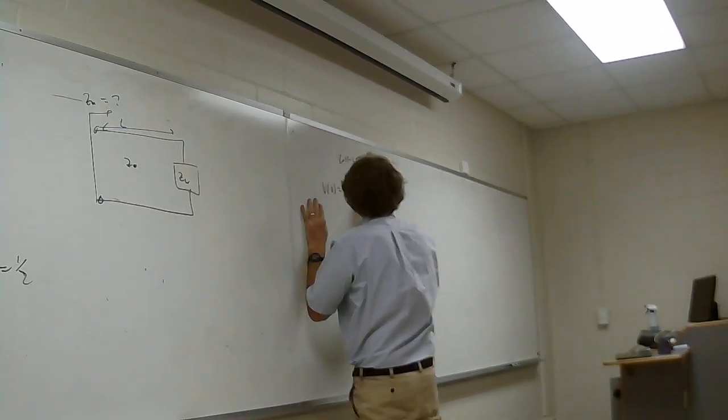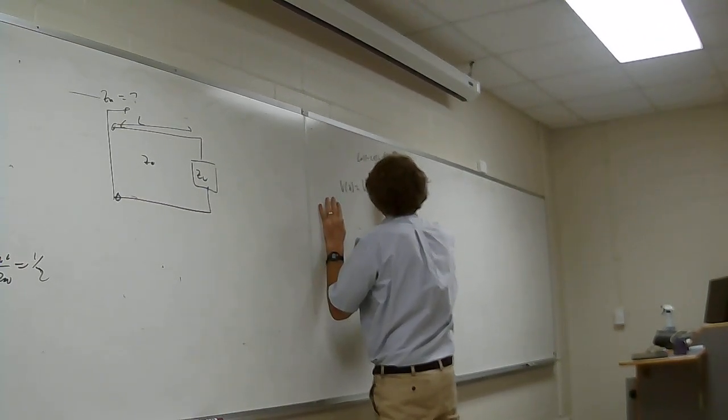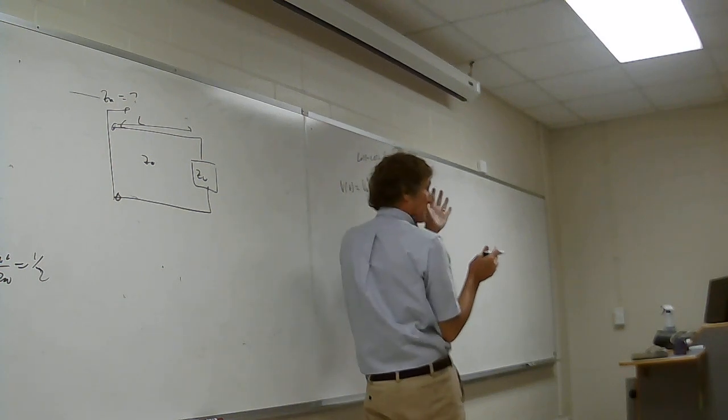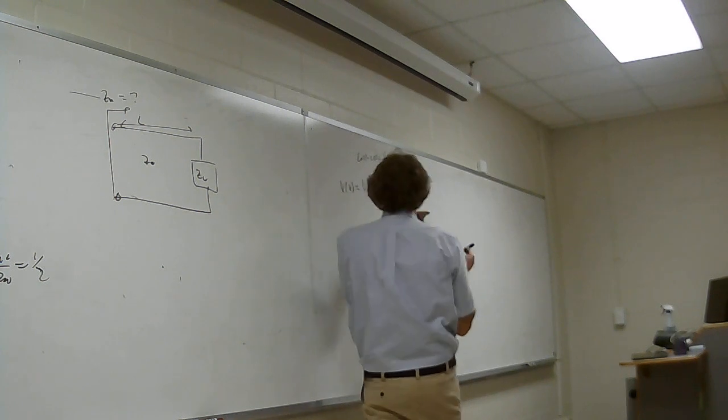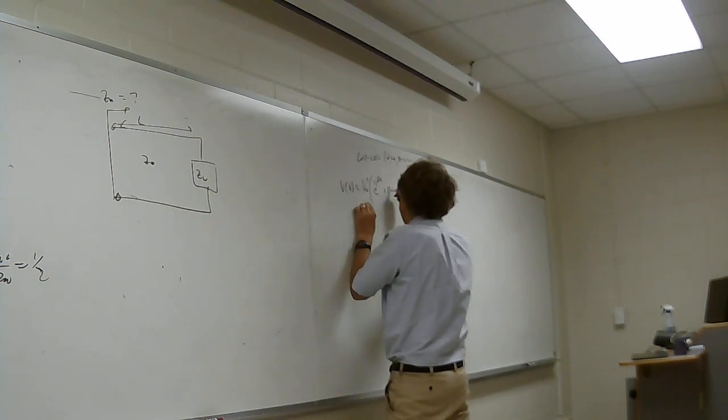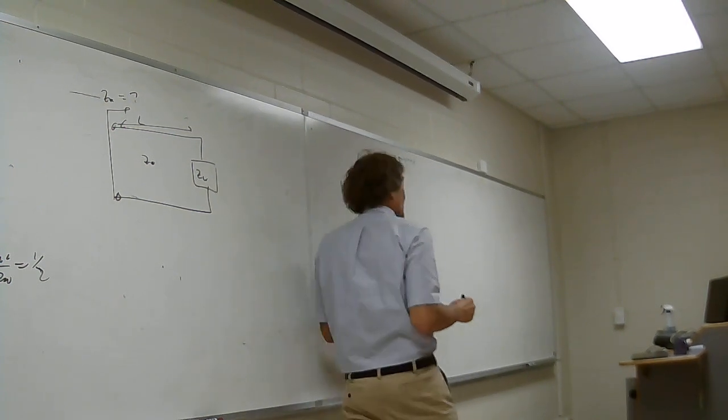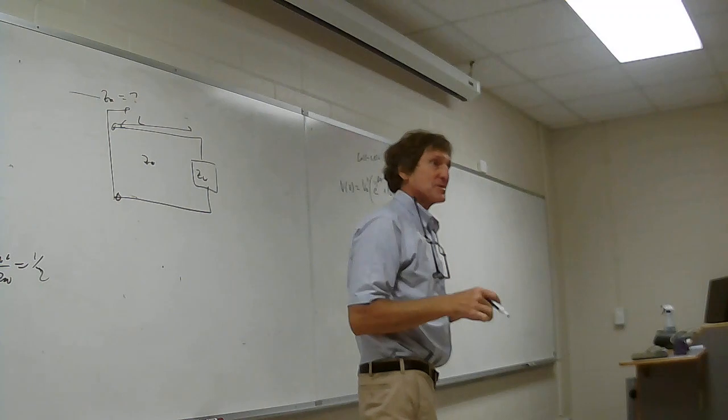Then it's equal to e to the minus j beta z. Now if it's lossless, that's going to be true. You agree with that, class? Because alpha is 0. And it's going to be plus the reflection coefficient of the load times e to the j beta z.